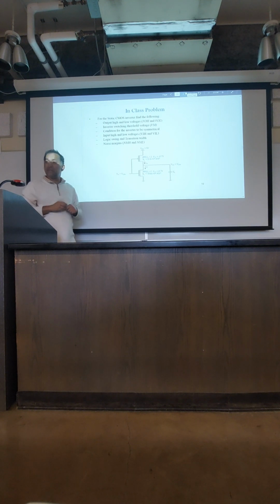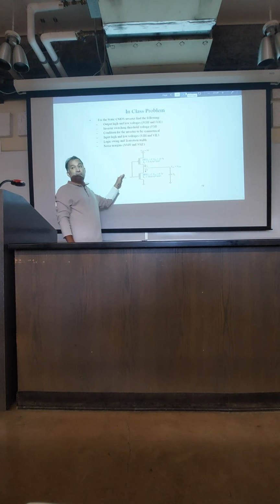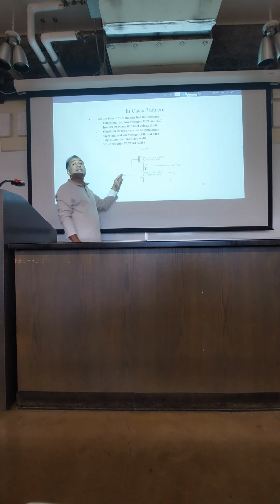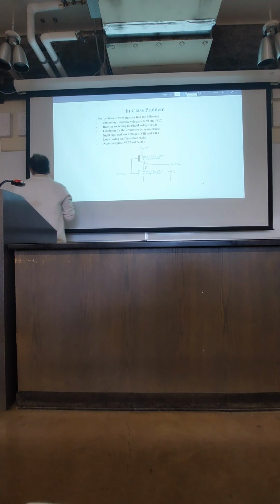Now what is transition time? Let's say you want to apply a high input here. That means the input itself is making a 0 to 1 transition. That input, ideally, an ideal signal can go up like this, 0 to VDD, if you are applying a high input. Practically, it cannot happen like that.